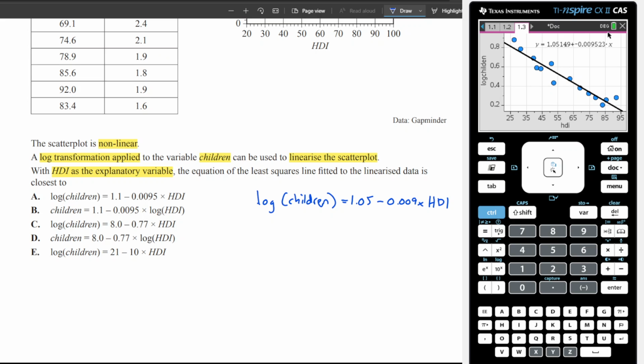They've rounded it to one decimal place, so this will be 1.1. So log children is equal to 1.1, minus 0.0095 times HDI. That seems to indicate that only answer A is correct so far. Well, our answer is clearly A. All the others don't work for one reason or the other.